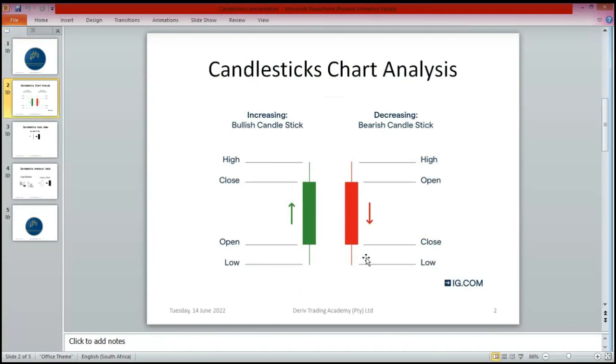If you've been following me, if you are on my Telegram channel, you should have noticed that I use candlesticks with support and resistance, and as well with trend lines.